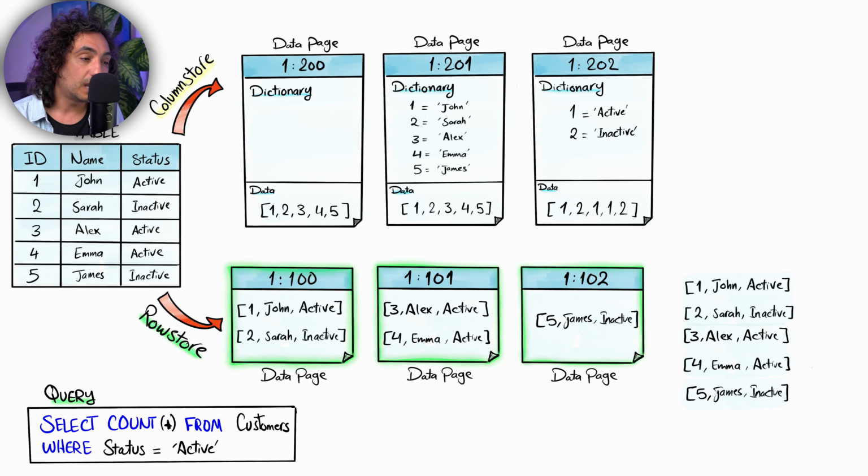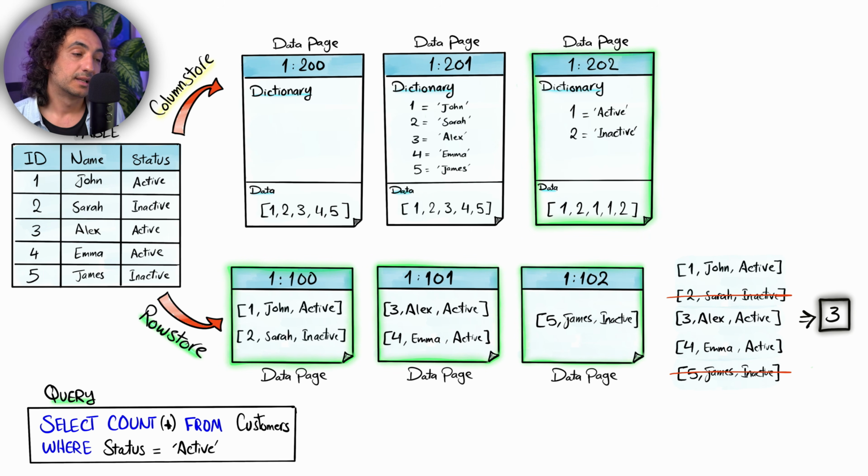We just need to count how many customers we have with the status active. But still, SQL cannot go and selectively read only the status. SQL has to read the whole record. So after SQL has all the data, it's going to filter the data and remove the inactive rows. And then SQL gonna do the aggregate operation, and with that we're gonna get 3 rows. So the total count of active customers is gonna be 3.